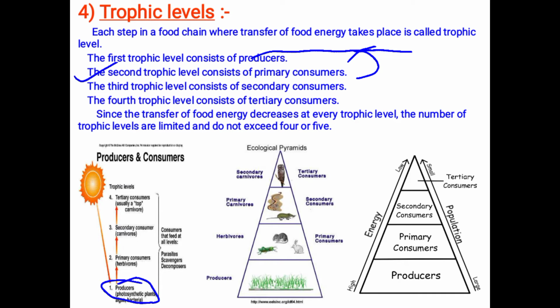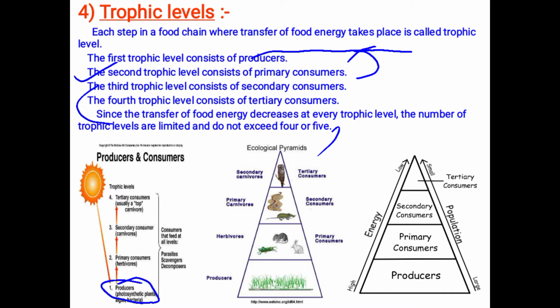The third trophic level consists of secondary consumers, which eat the primary consumer. The fourth trophic level consists of tertiary consumers.